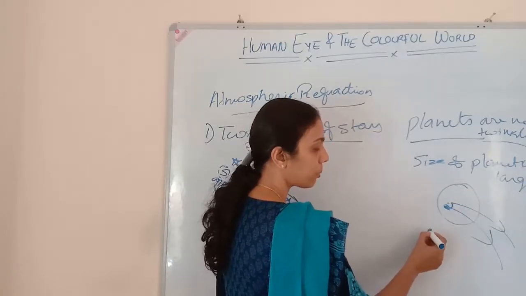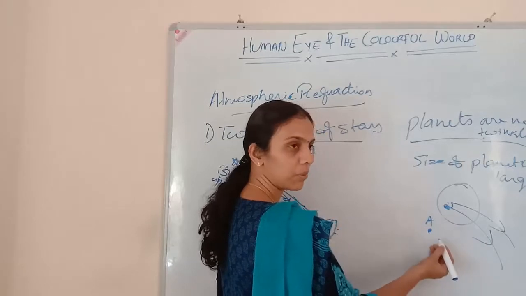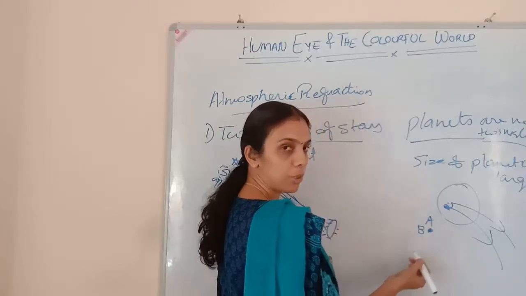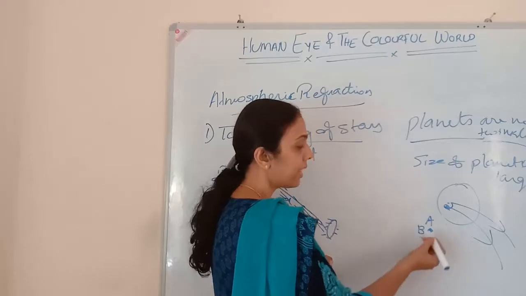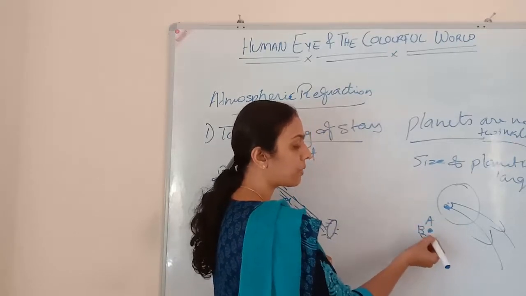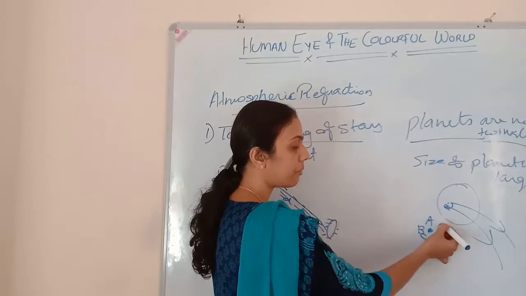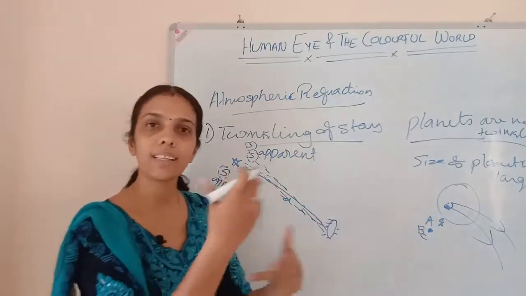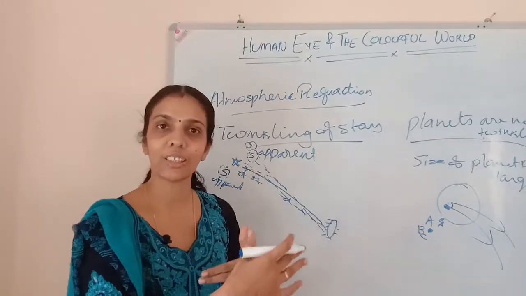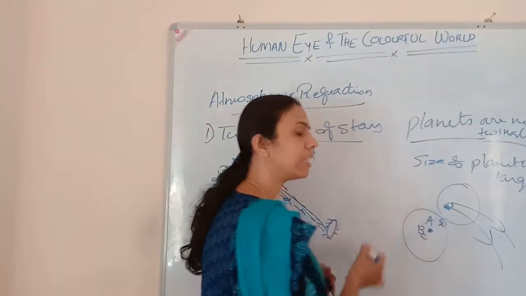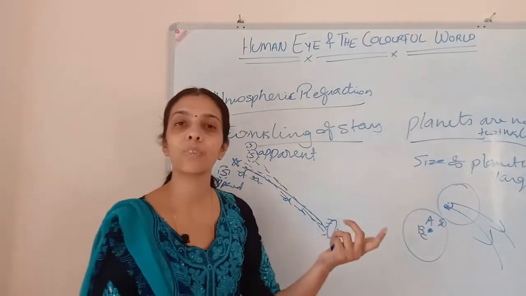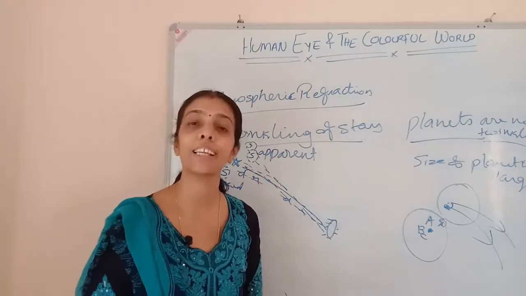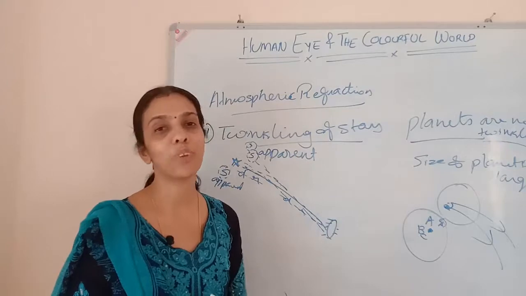Suppose A is the first position which we are seeing, then at the position of A we will be seeing B, at the position of B we will be seeing C, and at A we will be seeing B. So A and B, B and C, A and C, like that it will be changing. So in effect, all the positions will be nullified. The change of position will be nullified in the case of a planet, since it is very large.